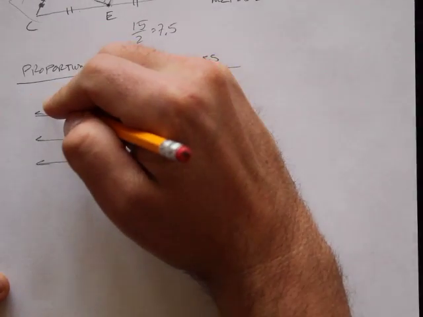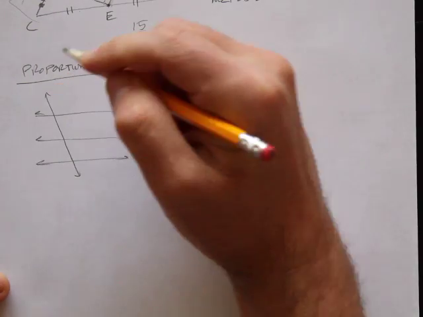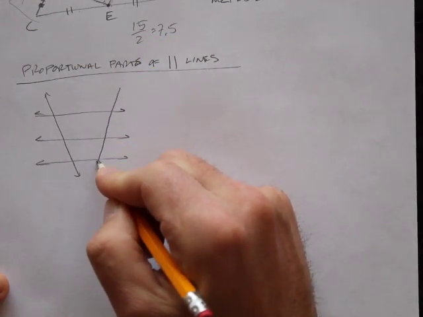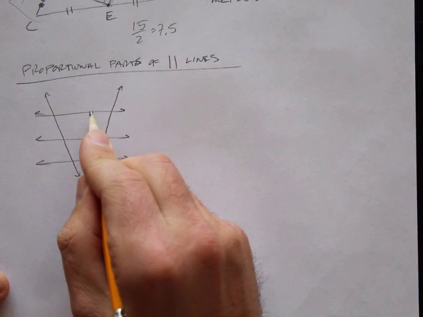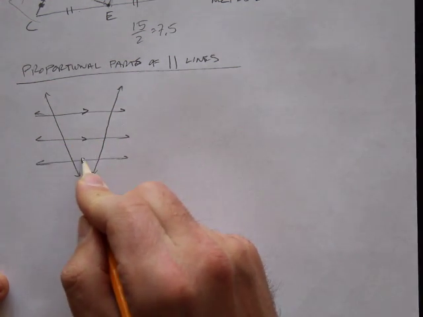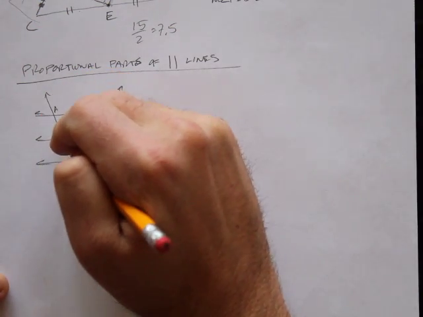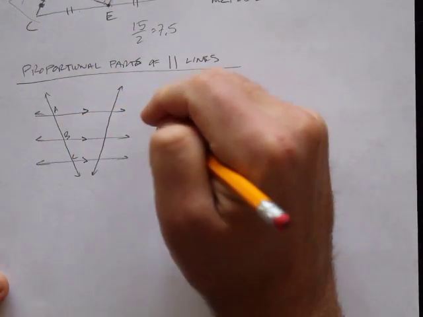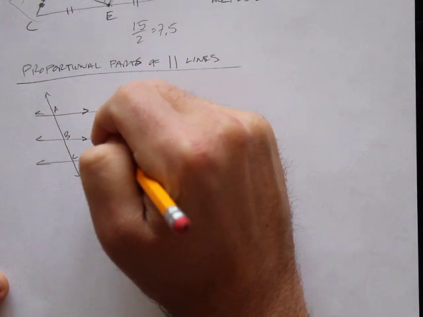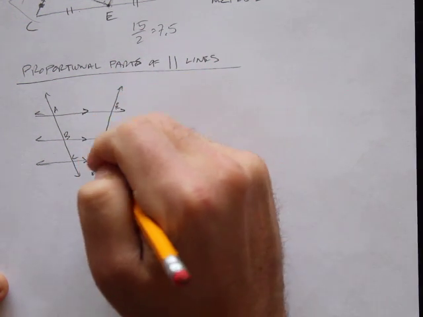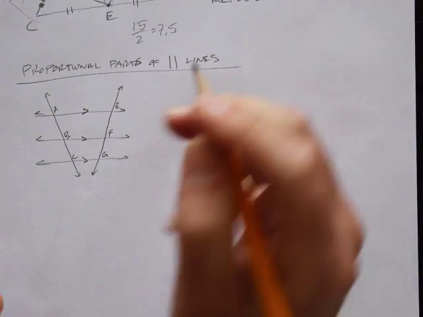And then we're going to draw a transversal this way and a transversal this way. And we're going to mark that these lines are parallel to one another. Okay, this is going to be point A, B, C, and then we've got point E, F, and G. So those are our points.